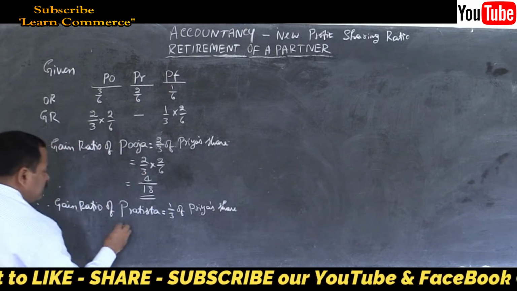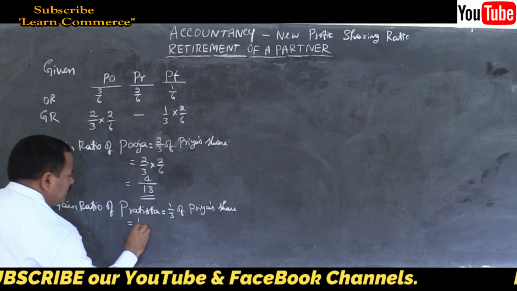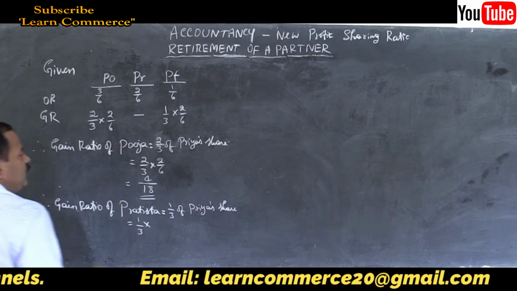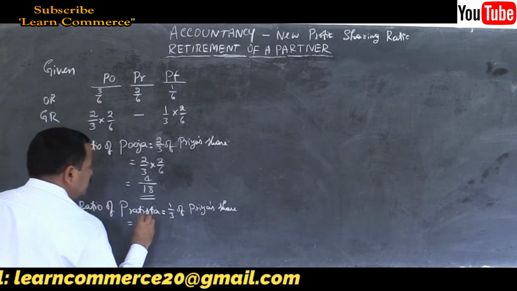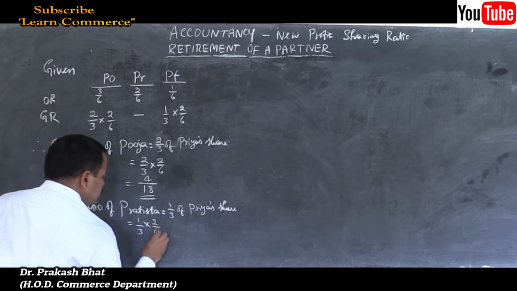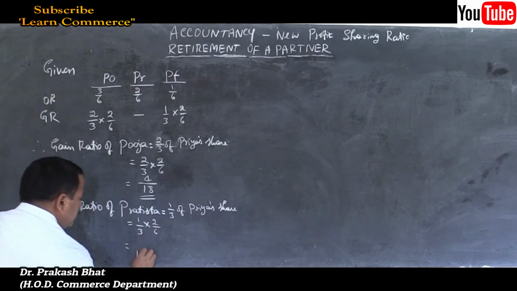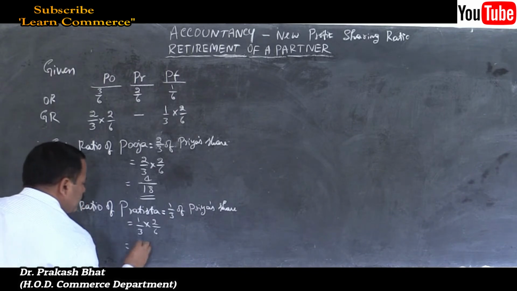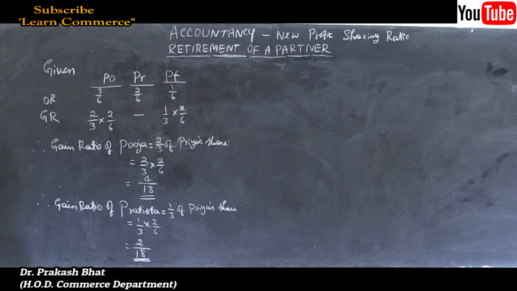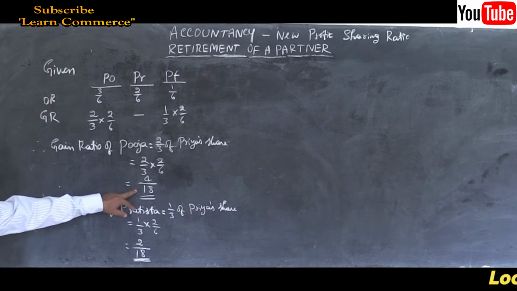Priya's share is equal to 1/3 into what is Priya's share? 2/6, right? Yes. So 18, 2 ones are 2. This is the gain ratio of Pratishtha. So we got the gain ratio.